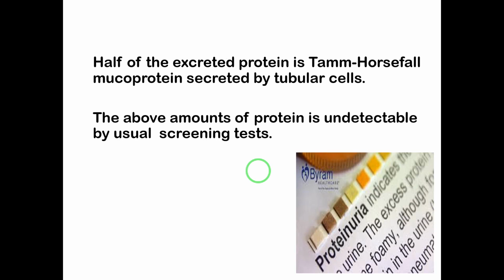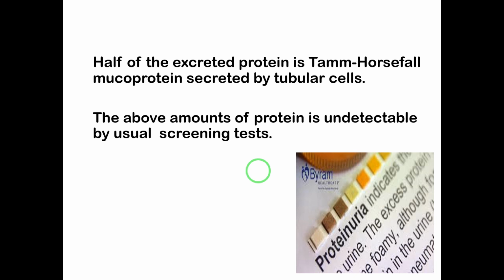Among the proteins that appear in the urine, we have a certain protein called Tamm-Horsfall mucoprotein. It is secreted by the tubular cell, and it's a part of the cast. So we have less than 150 milligram per day of protein.